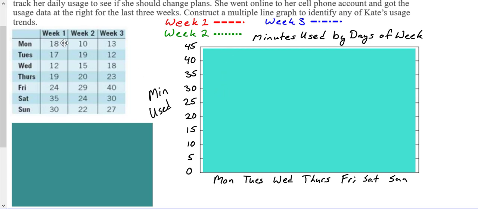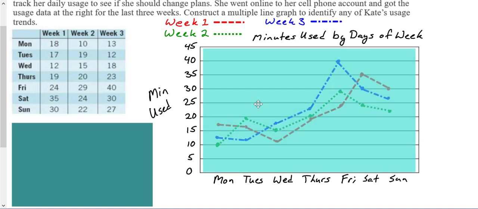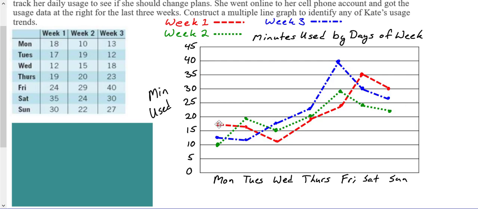So when I graph, I'm going to go to week 1 and graph each point, and then I'm going to connect them together for the line. So if you look at the graph I drew, for Monday, I approximated 18, Tuesday 17, Wednesday 12, Thursday 19, Friday 24, Saturday 35, and Sunday 30.